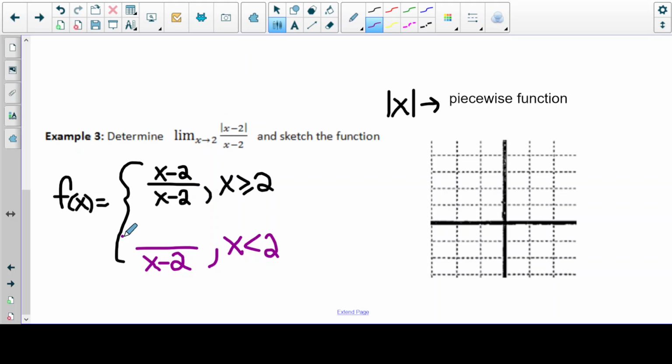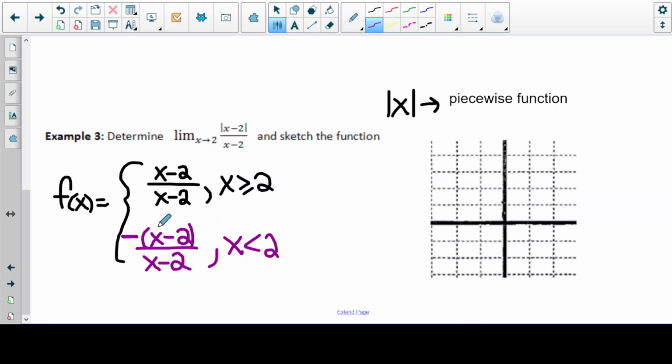To do that, for all x values less than 2, I would be multiplying the numerator of x minus 2 by negative 1. Because for every x value in the numerator that's less than 2, it's always going to be negative. So to turn it to positive, just like an absolute value function does, I would multiply it by negative 1 or a negative sign.